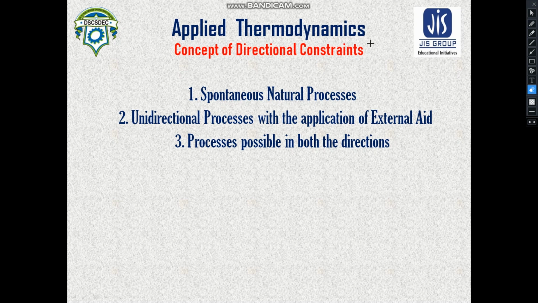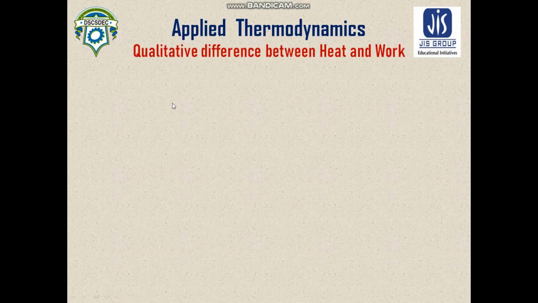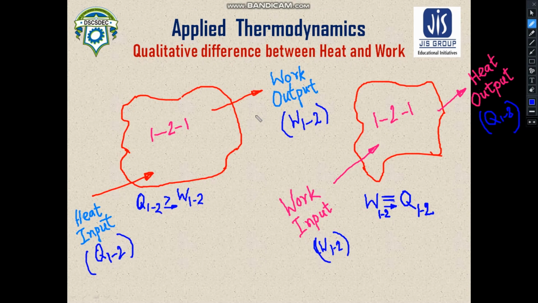Now, after this discussion, we shall move on to understand the qualitative difference between heat and work. So let us see that. Here you can see that we have considered two separate systems where we have provided heat input to the system.